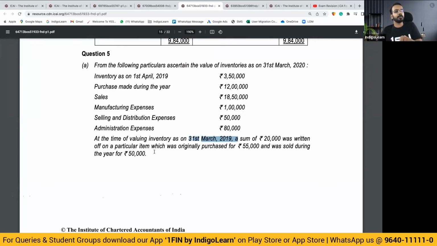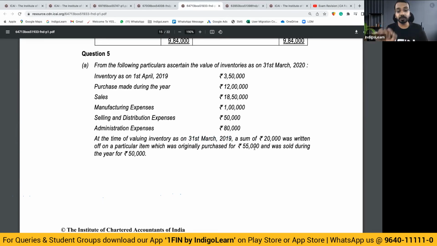Now tell me one thing. This item that I am talking about, what is the value of this item as on 1st of April of 2019? This item on 31st of March, 20,000 was written off, which was purchased for 55.